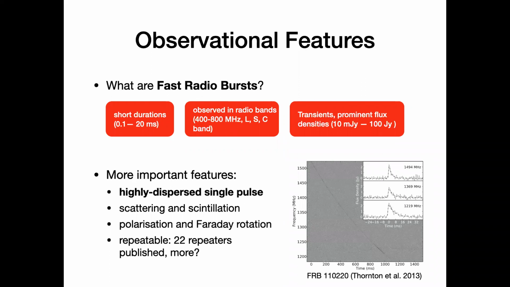In addition, we have polarization measurements for some FRBs, but it depends on the signal-to-noise ratio of that burst, as well as your calibration. Now we have 22 repeaters published, and whether all FRBs repeat is still an open question.